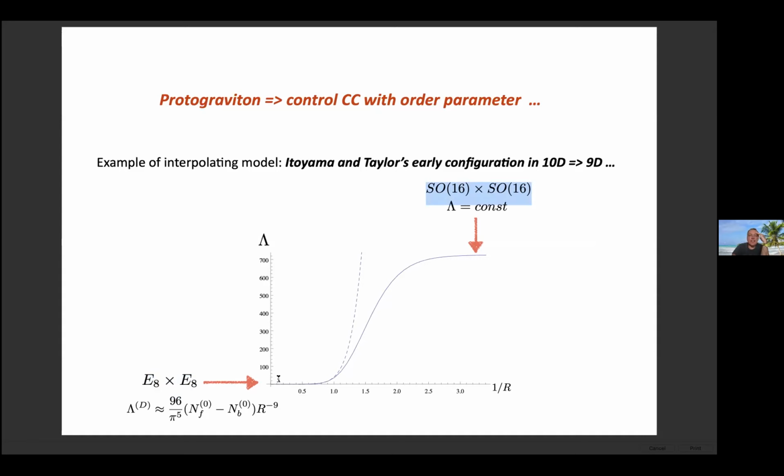This is the paradigm of this interpolation: you have a high dimensional theory here, which is supersymmetric, and a high dimensional theory here, which is non-supersymmetric, both 10-dimensional. In between, you have a lower dimensional theory, 9 dimensions in this case, which has broken supersymmetry.